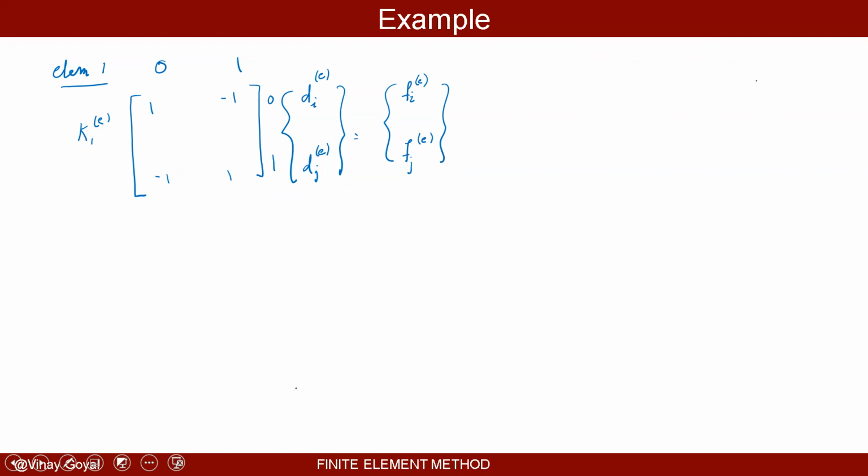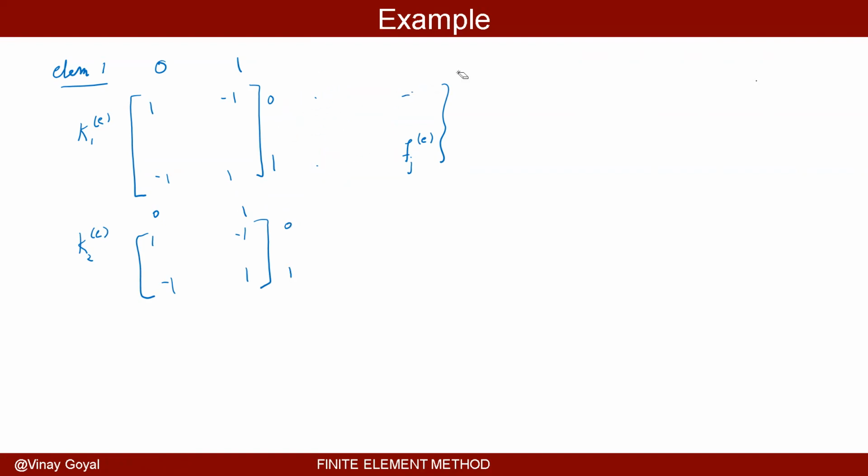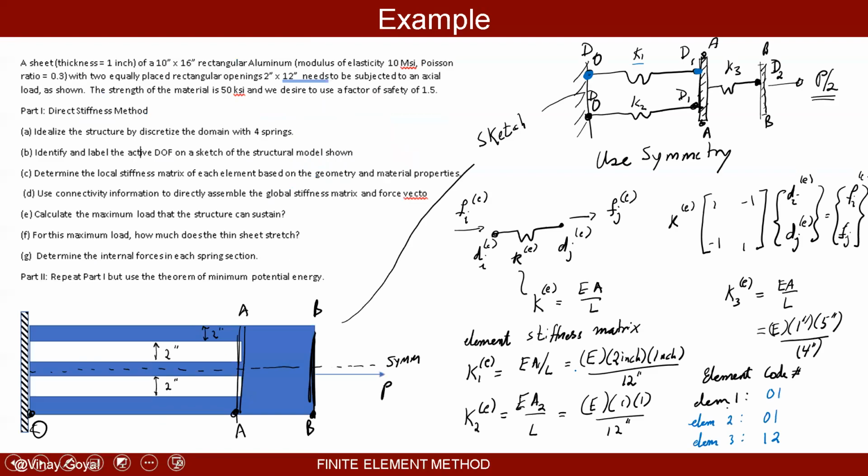For the element 1, the stiffness matrix is 2 by 2, according with the convention we use for the degrees for the active nodes or the displacements, we have 0, 1 for the rows and 0, 1 for the columns.